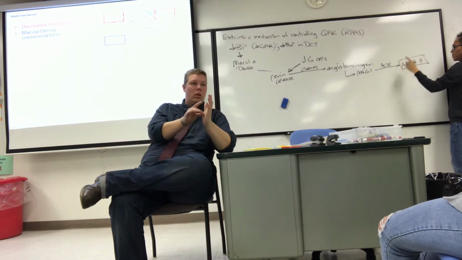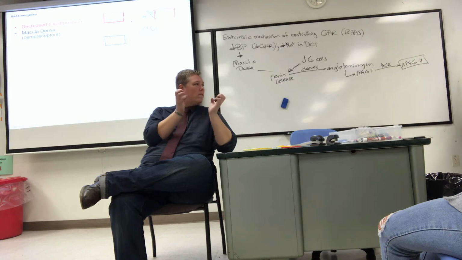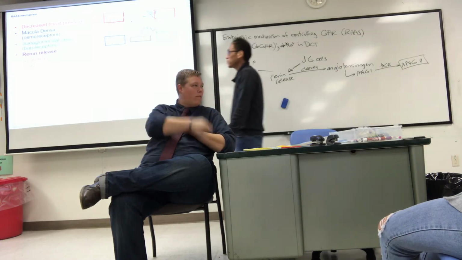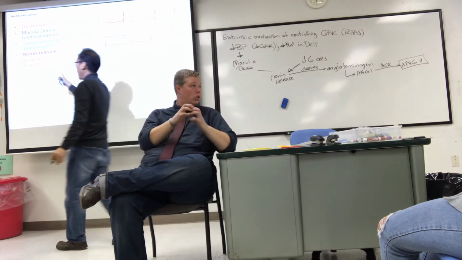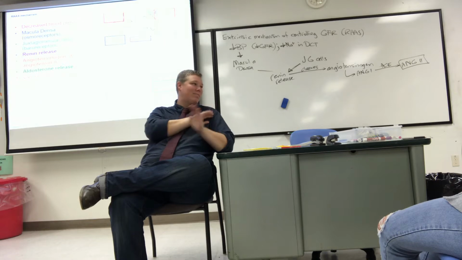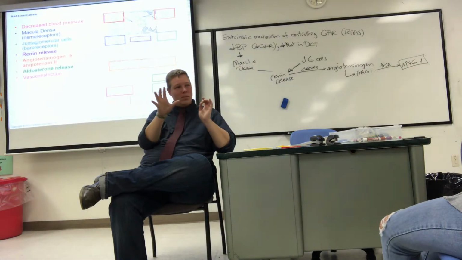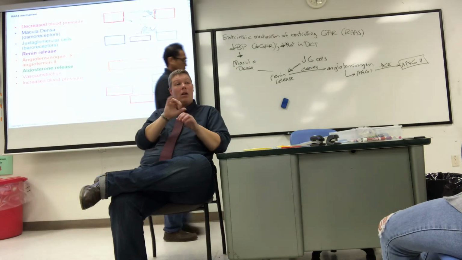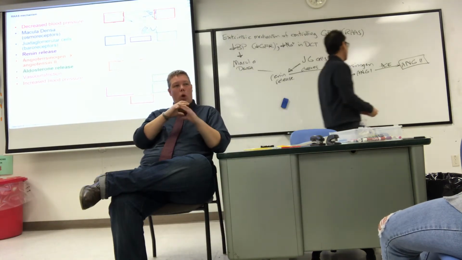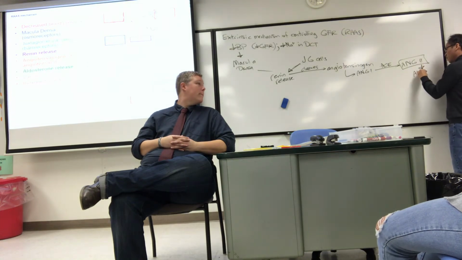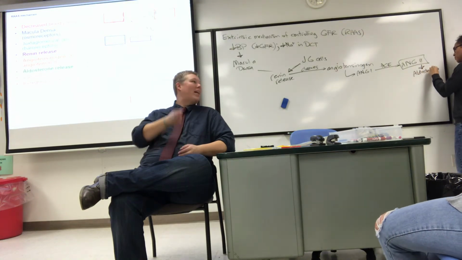And this figure reminds you, as I go through the outline here, that Ang2 has a couple of mechanisms. It can act through aldosterone, or it can act as a vasoconstrictor to increase blood pressure. Aldosterone is from the adrenal cortex.